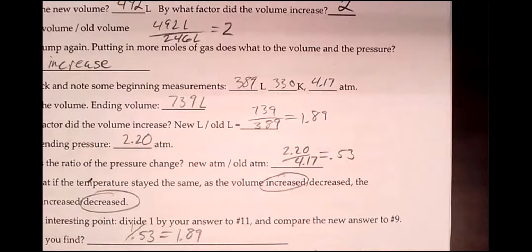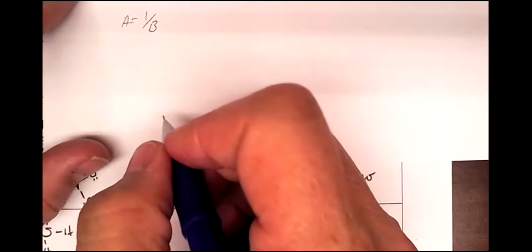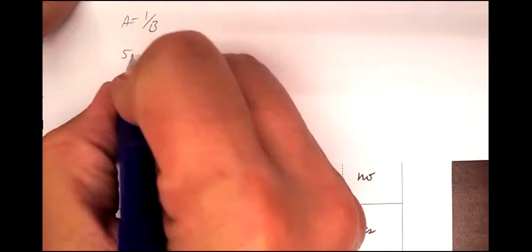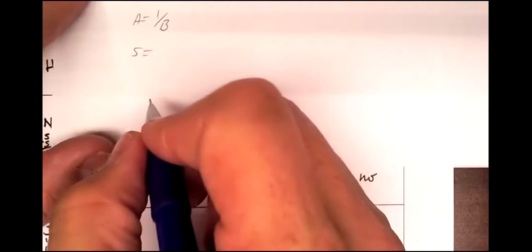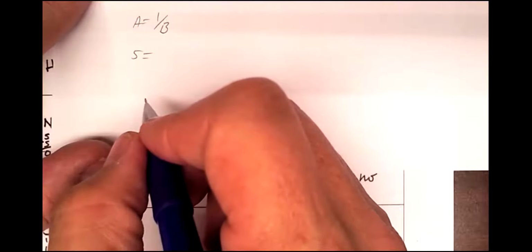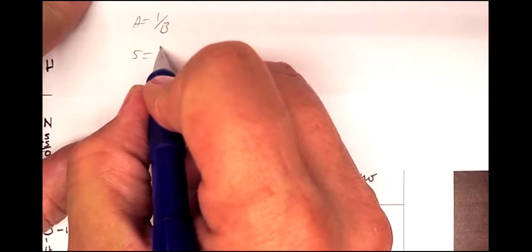Trying to think of examples here. Using the bottom of my paper as scratch paper again. Let's see, A equals 1 over B. Well, that means that we could say 5 equals, and this is going to get a little mathy here, but I got some mathy people. What is B?